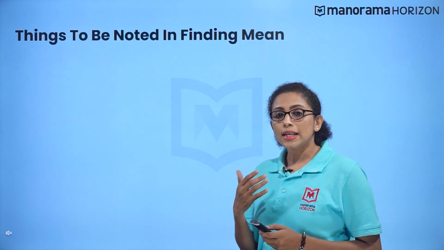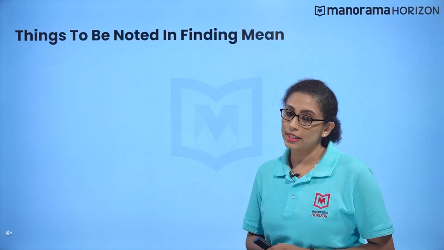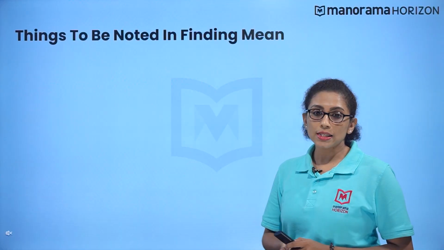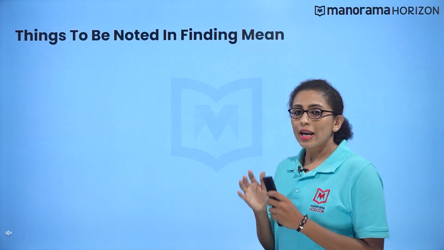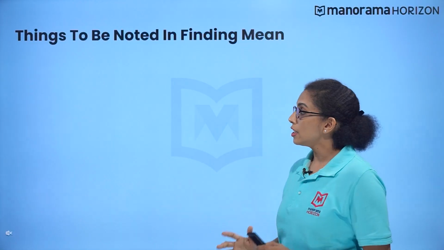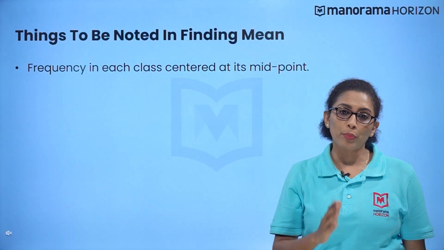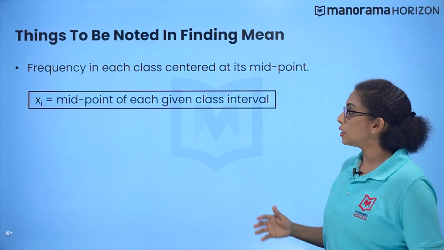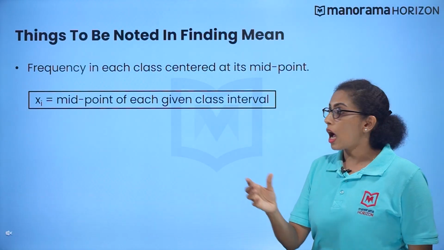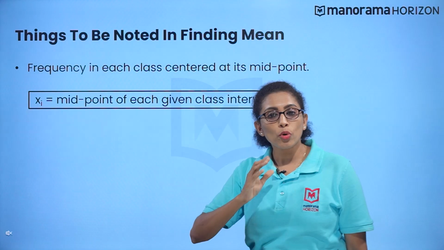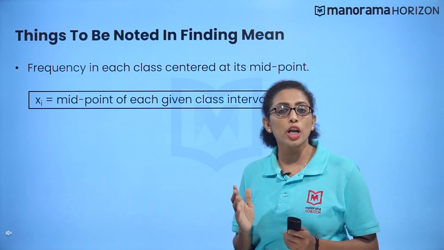But there are certain things to be noted in finding the mean and median for a continuous frequency distribution. In the first case, while calculating the mean of a continuous frequency distribution, we have to make an assumption that the frequency in each class is centered at its midpoint. So, we write the midpoint of each given class interval, which acts as our xi. Then we proceed further as we did for the discrete frequency distribution to find the mean deviation about mean.